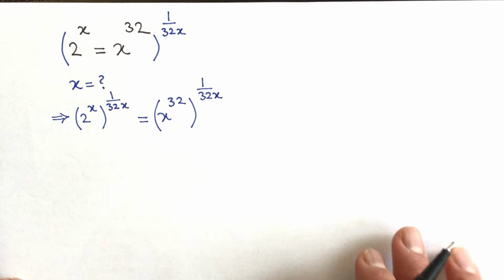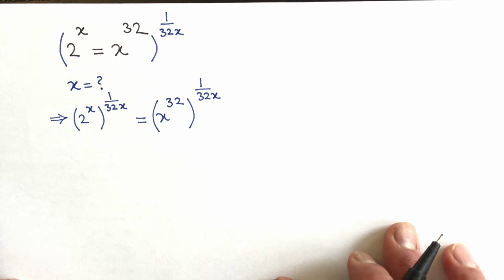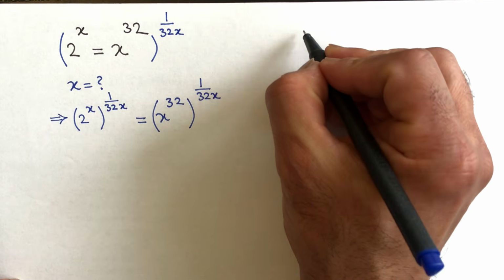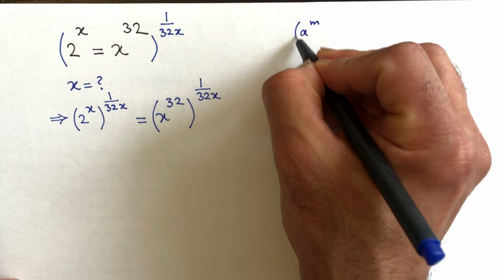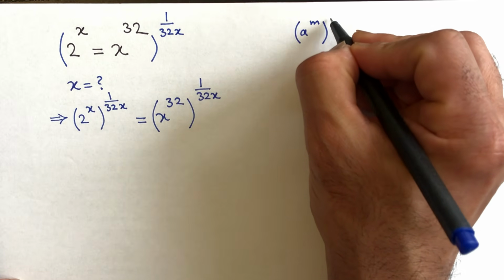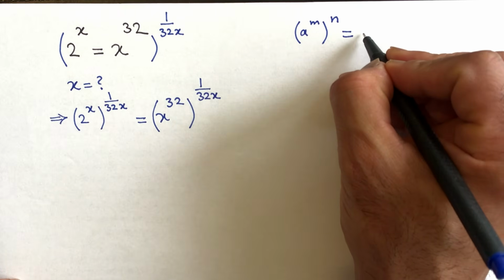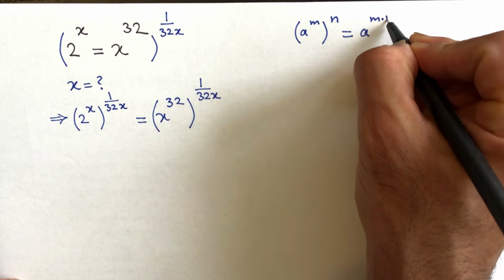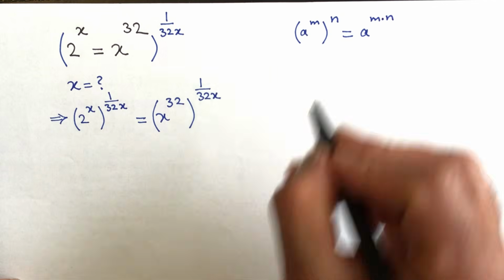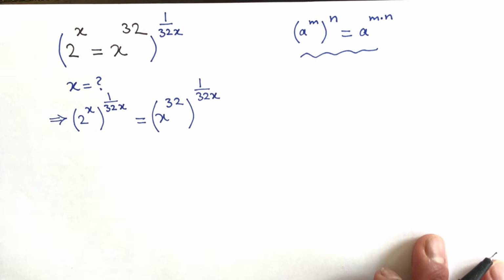And you know from the basic rules of powers, if a to the power of m is raised to the power of n, then it equals a to the power of m times n. So I can use this rule here for both sides.